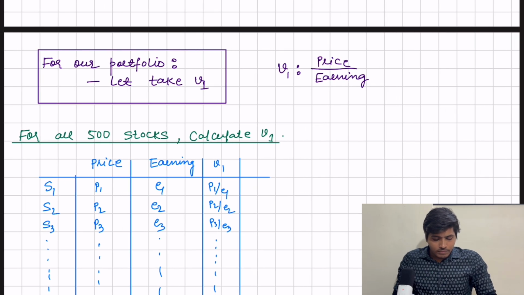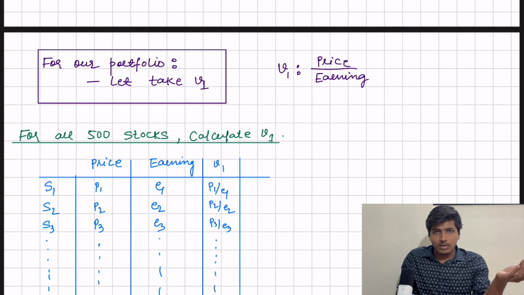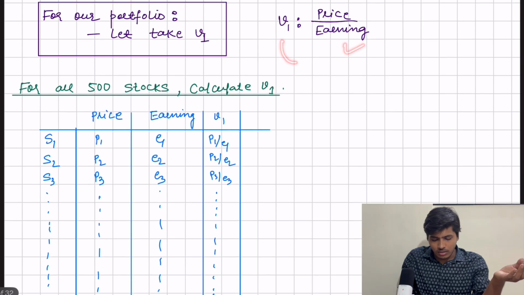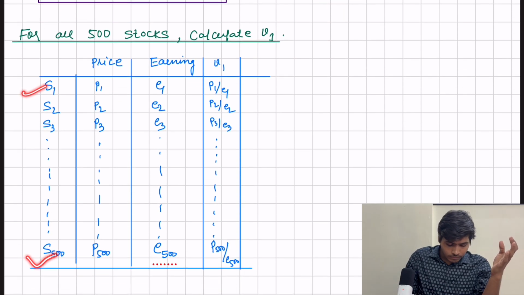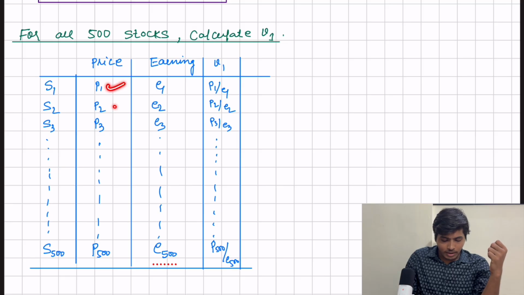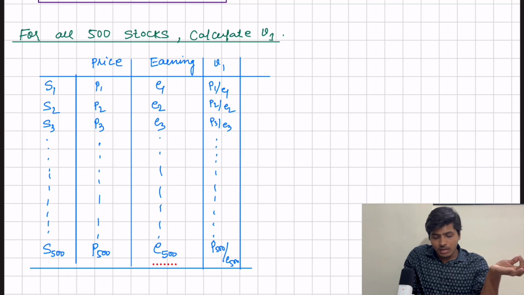So let's say that for our portfolio we take the same variable V1, that is price to earnings. Now you need to take every stock from 1 to 500 and take the price of each and every stock. Let's suppose that we are building the portfolio at month end, so t is equal to t naught.